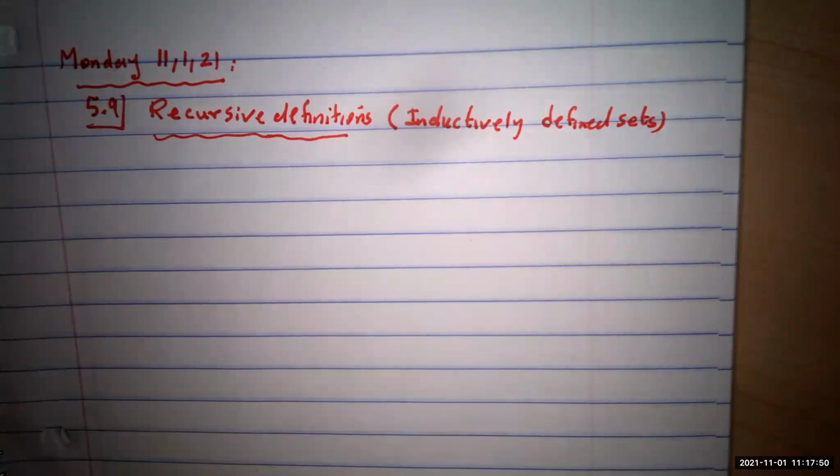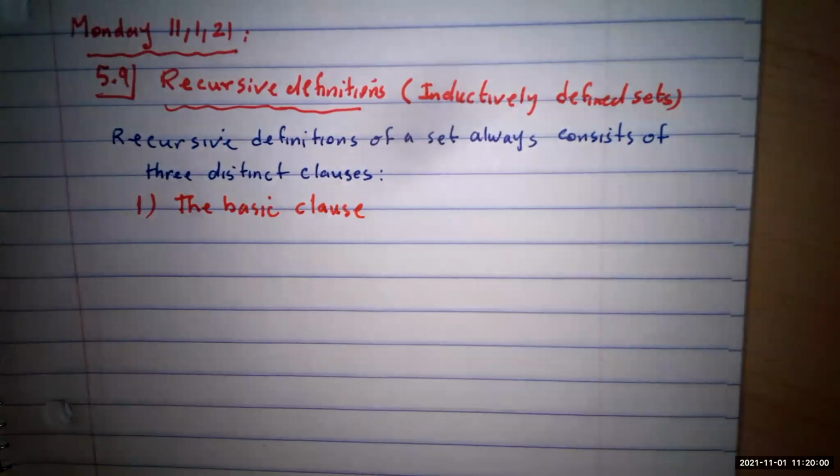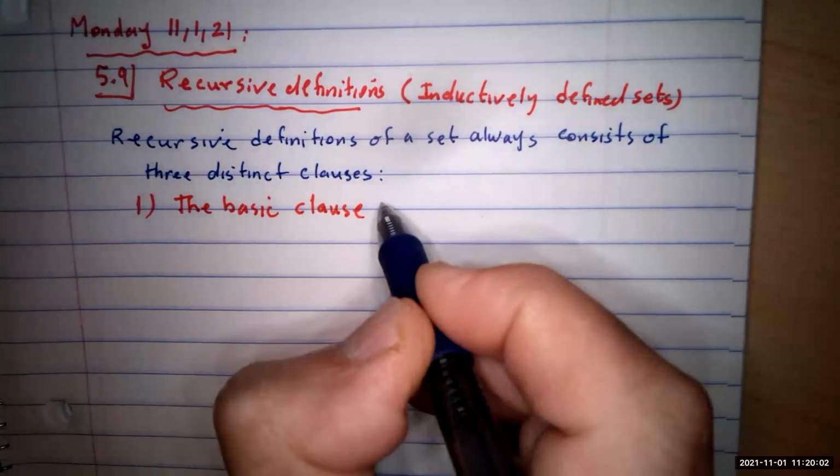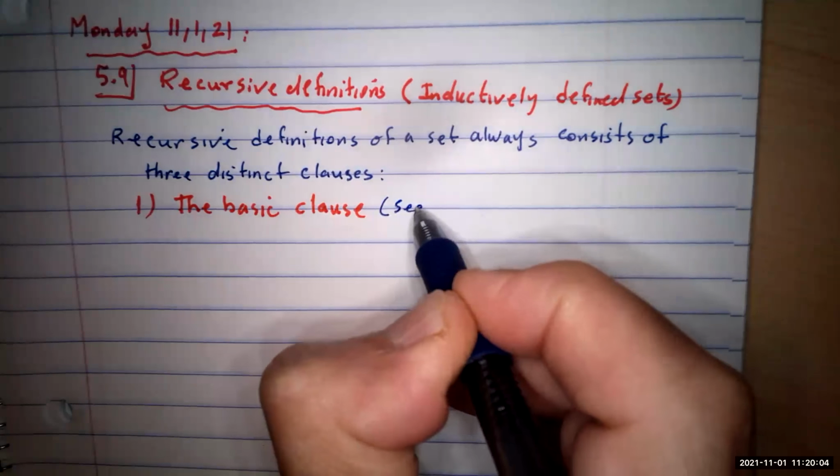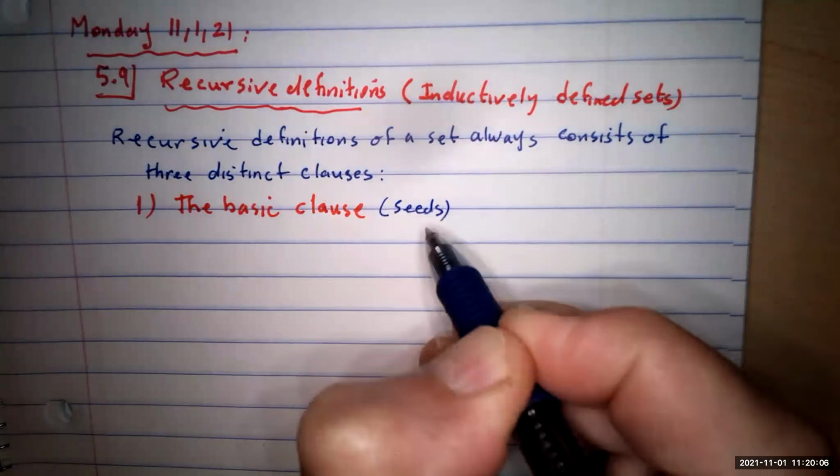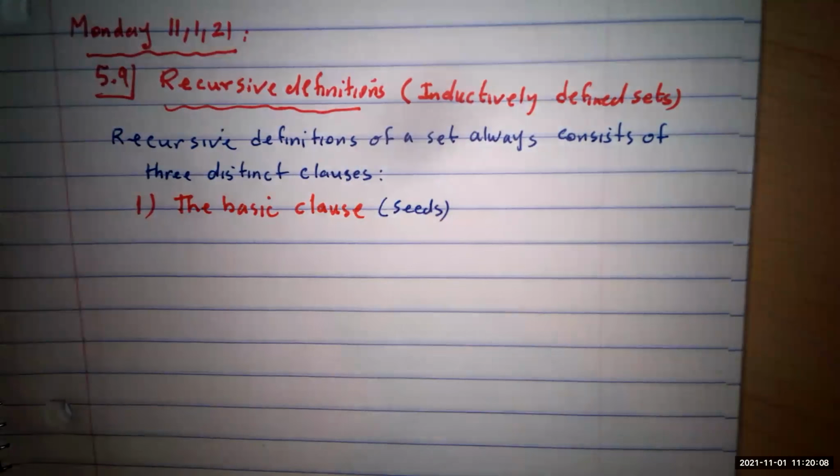You need the following to construct something. The first one is the foundation. We call it the basic step or basic clause. I like to call it seeds. If you want to grow something, you need a seed.